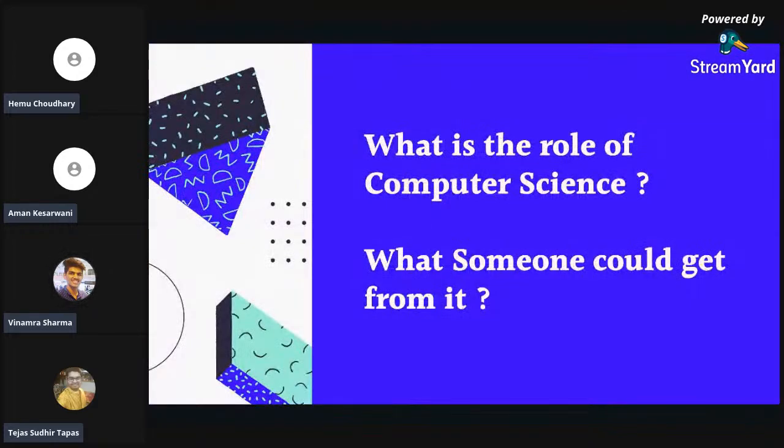Moving ahead, we are coming to the final thing. What is the role of computer science? To explain the role of computer science, it's really not possible to formulate it into any text, because the role of computer science is immensely huge.